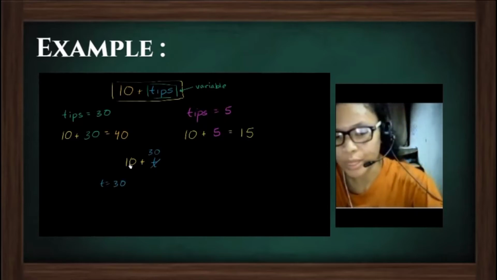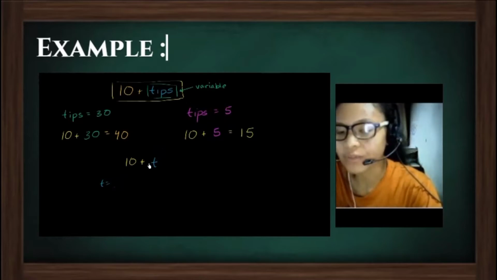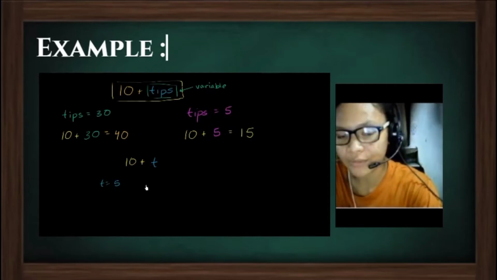So that's why we have 10 plus 30, and that is equivalent to 40. And we also had tips equal to 5, and so 10 plus 5, that's why we have 15. And I want to be clear, we don't even have to use t.